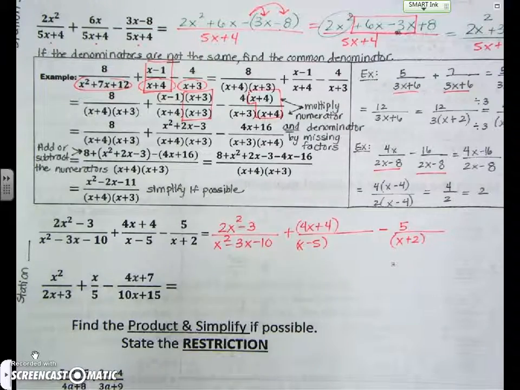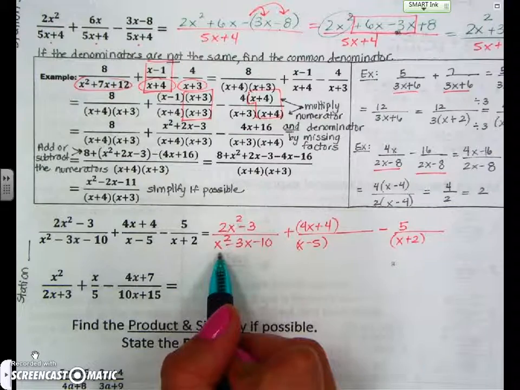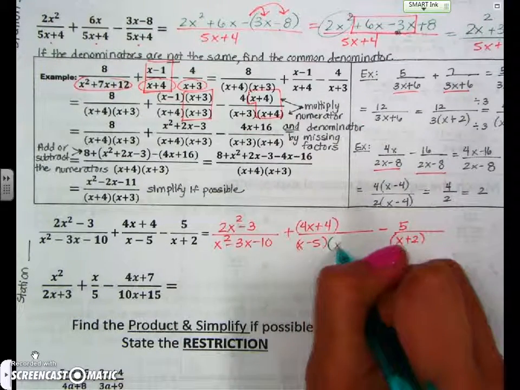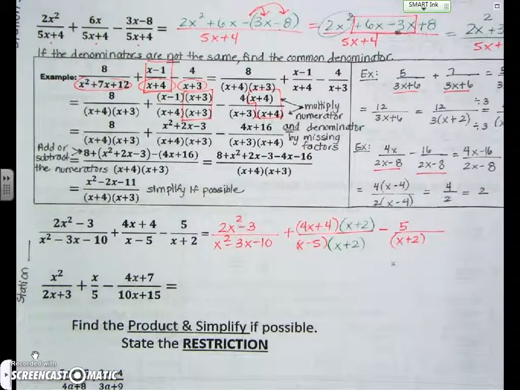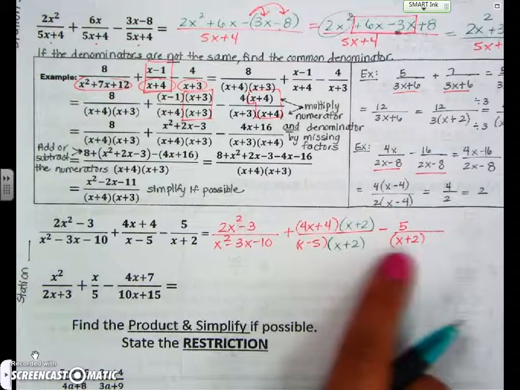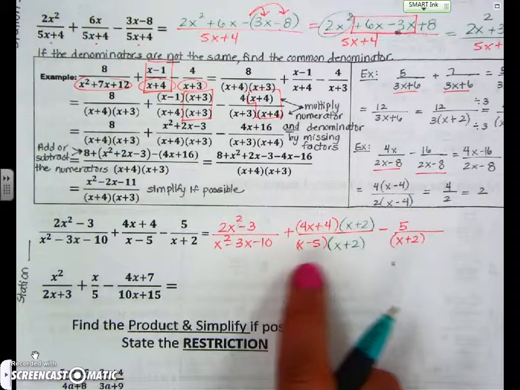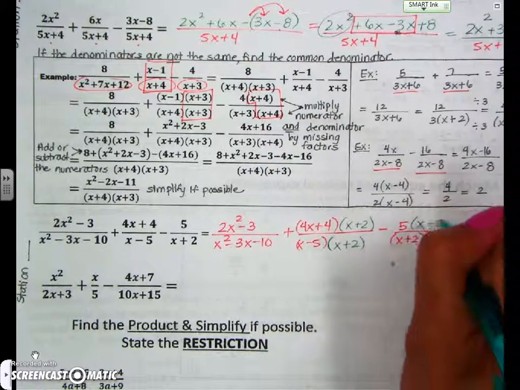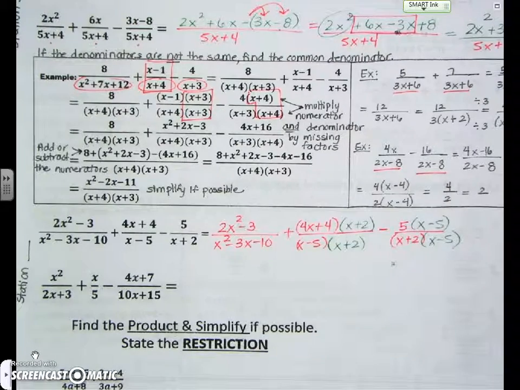Okay? So what can I multiply x minus 5 by to get x squared minus 3x minus 10? You're going to multiply by the opposite, which is x plus 2. You guys see that? So now what do I multiply x plus 2 by to make it look like this one? X minus 5. Not 3, but 5.